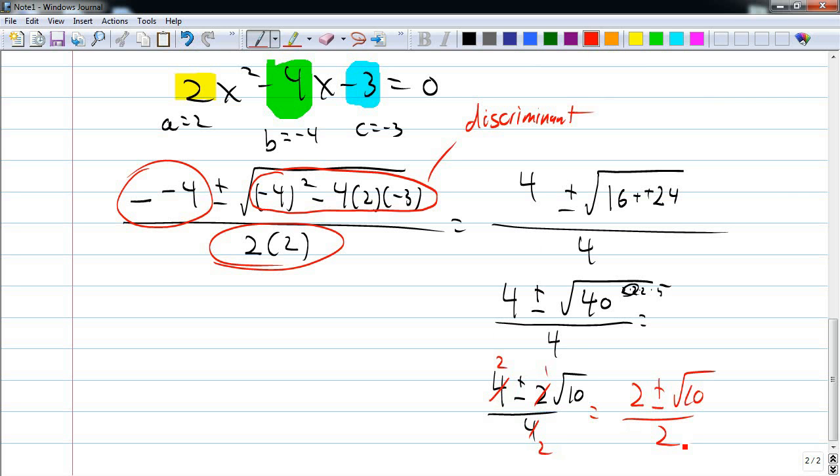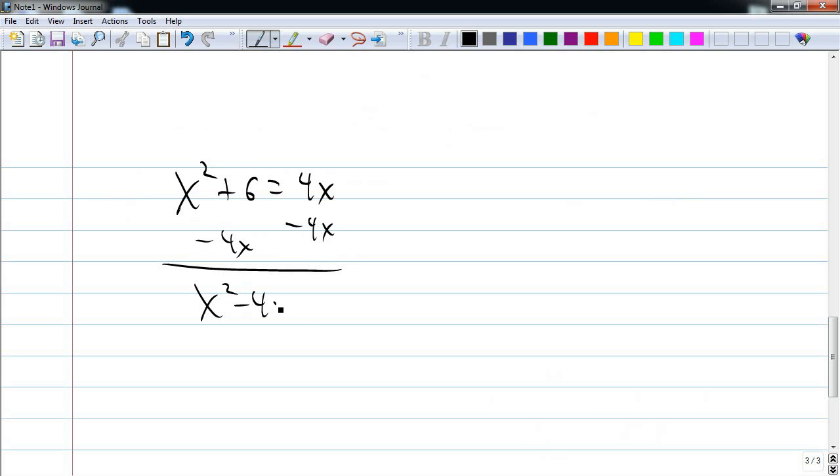Okay? Let's take a look at another example. Let's take a look at x squared plus 6 equals 4x. I've got to pull everything to one side. This is a is 1.